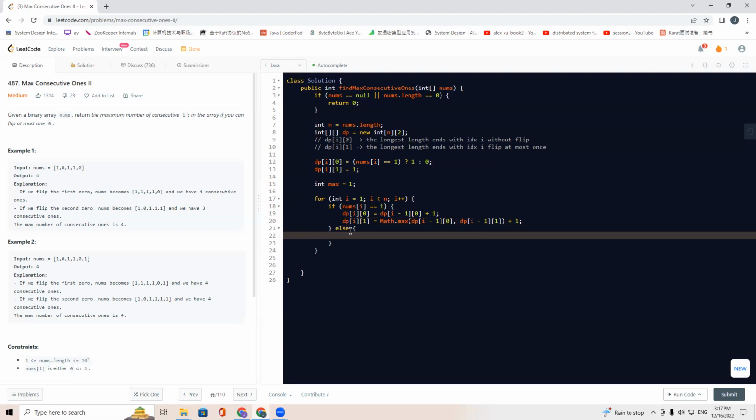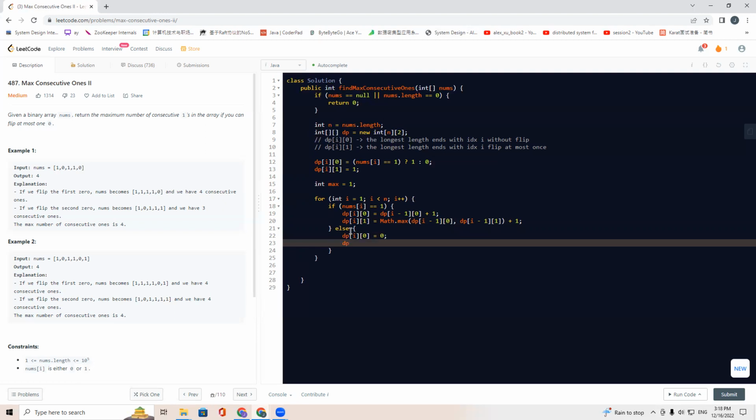Else, if this is 0, at dp[i][0], if we don't flip, that's going to be 0. And dp[i][1] will be dp[i-1][0] without a flip, and a flip of the current one, and plus 1.